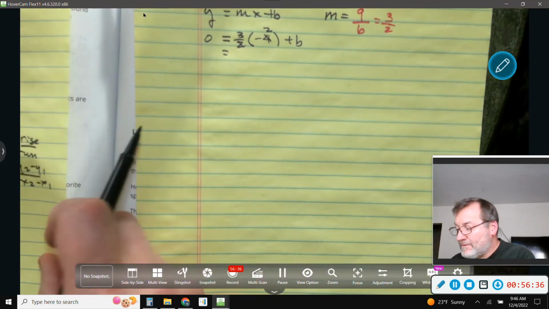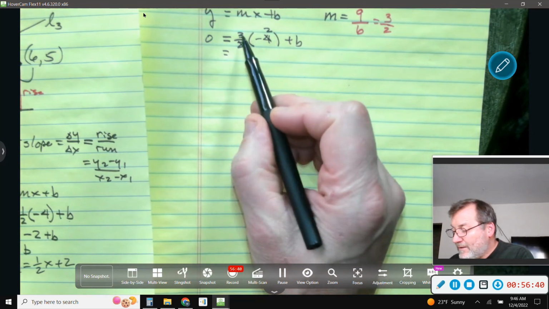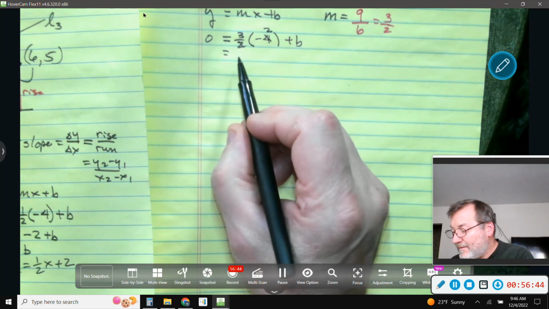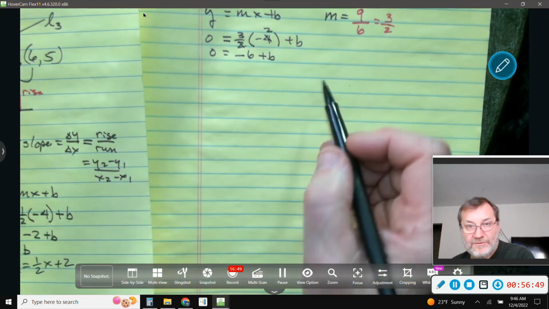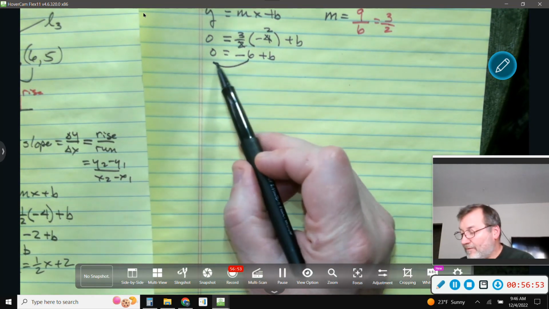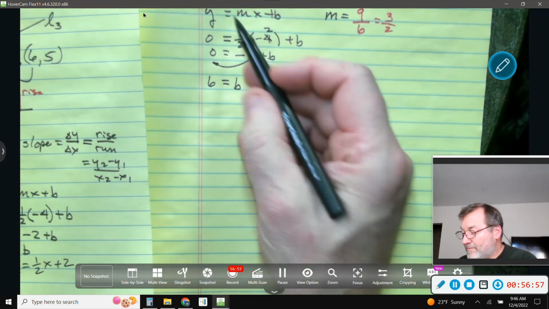So what's this product going to be? Well, 3 times 2 is 6. 6 times a negative, that's a -6 plus b. And that whole thing has to equal 0 still. I'm solving for b, so I'm going to move this over here. So I'll get 6 equals b. So what does my equation turn out to be?